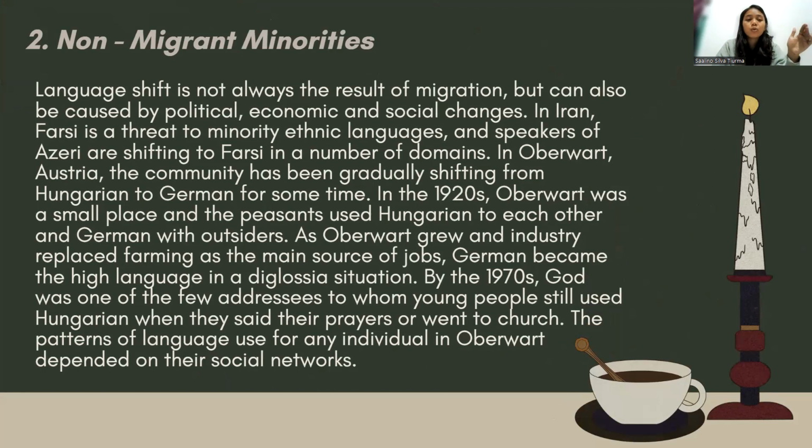And then in Oberwart, Austria, the community has been gradually shifting from Hungarian to German for some time. In the 1920s, Oberwart was a small place, and the peasants used Hungarian to each other and German with outsiders.